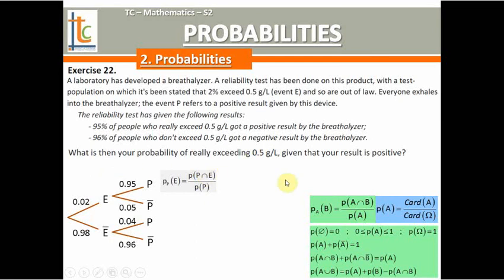And the second one can be seen in the tree. P of E multiplied by P of P given E will give you P of P into E. A probability of intersection coming from a tree is accessible by the multiplication of probabilities that you encounter in a path of the tree.